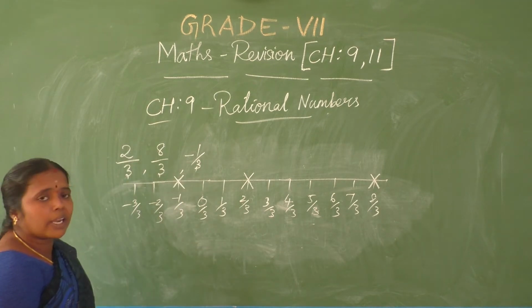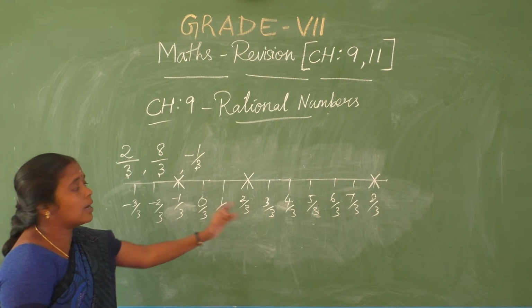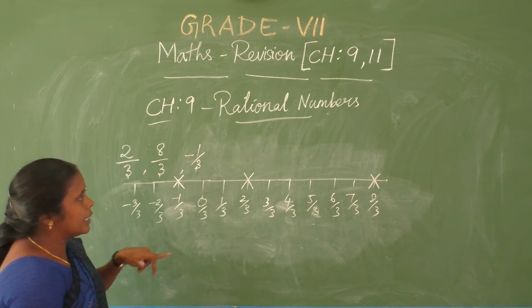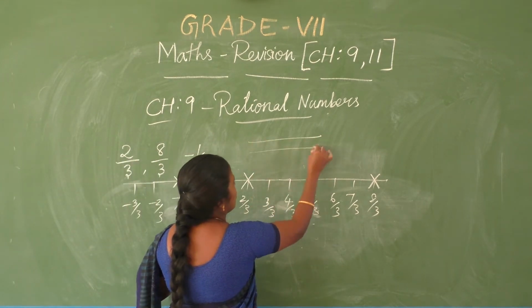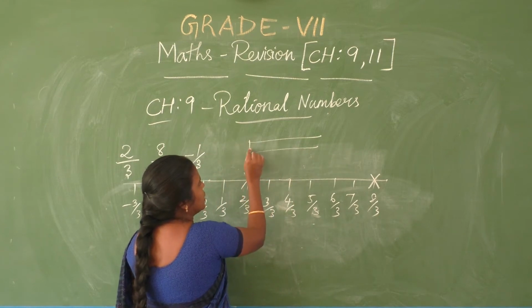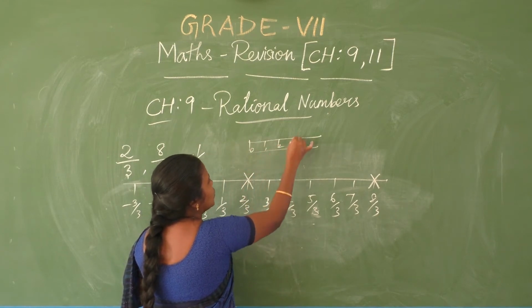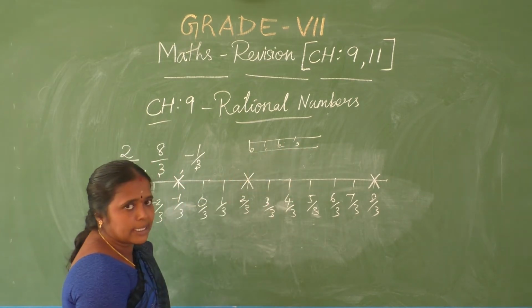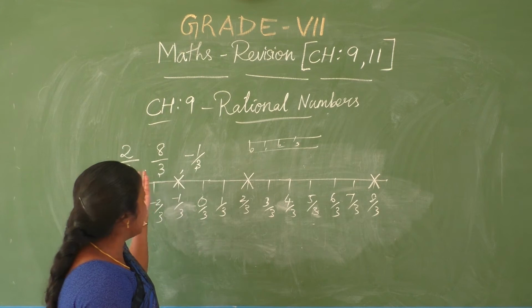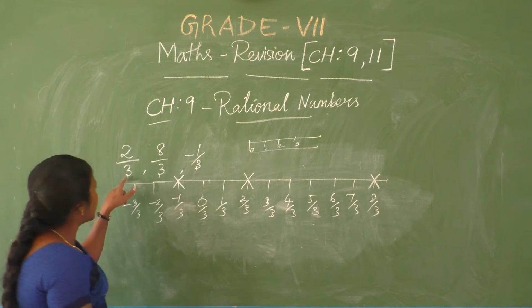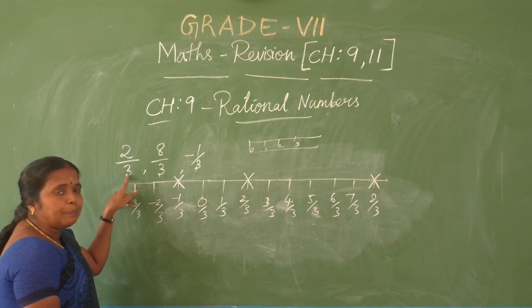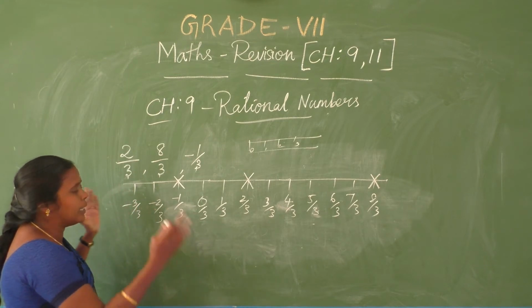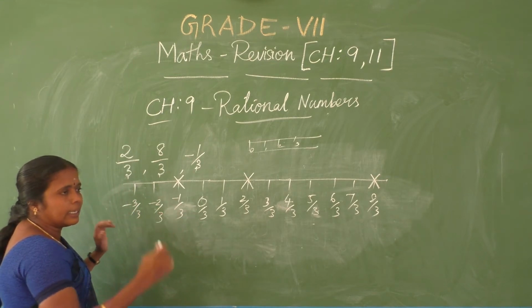So this is the way of representing any rational number on the number line. See, again I am telling, natural numbers and whole numbers you can directly mark 0, 1, 2, 3 like that, having some unit, equal units you can cut. Rational number, nothing but a fraction, means you have to consider their denominator. 3 pieces means you have to make 3 pieces in the interval.